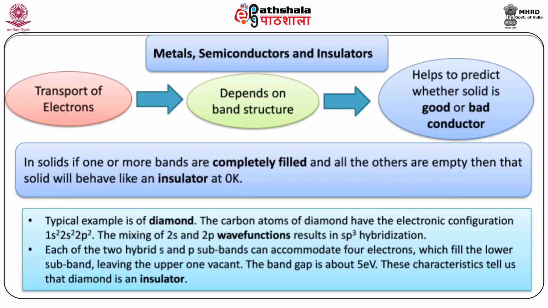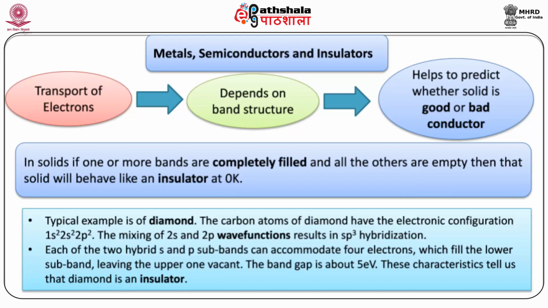So based on what we have learned up till now, we can now try to analyze how metals, semiconductors and insulators differ from each other. The transport of electrons in a solid is dependent on their band structure.